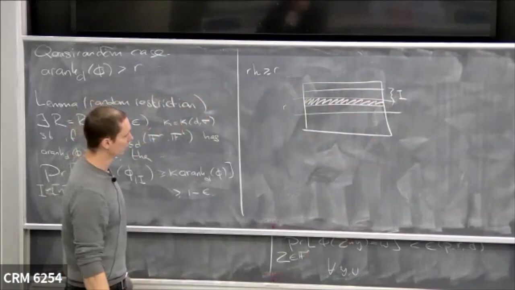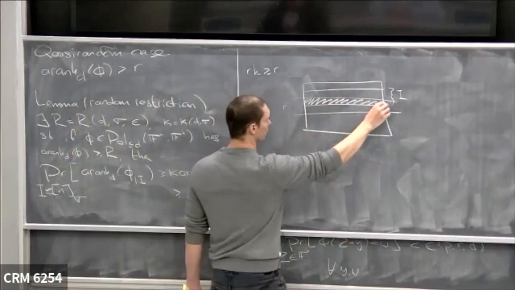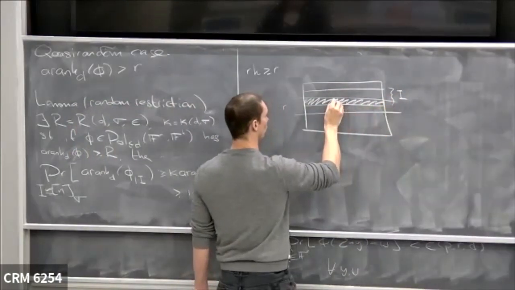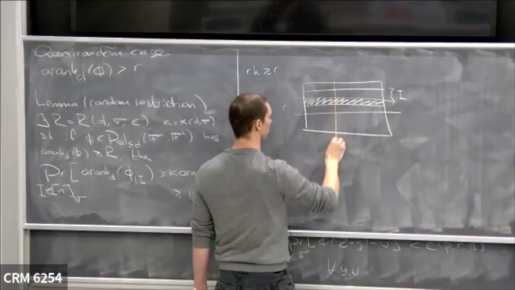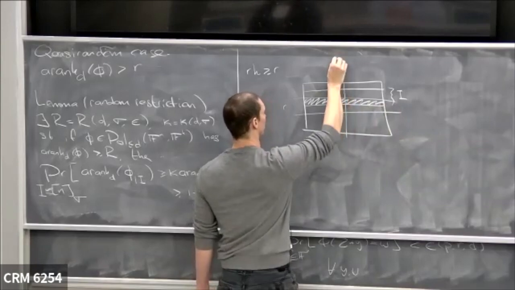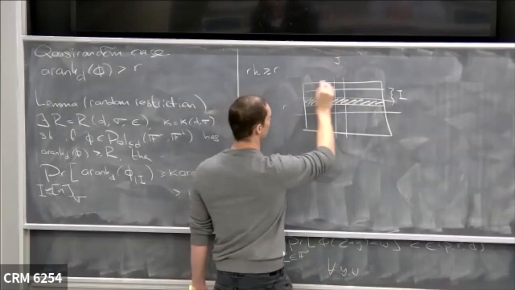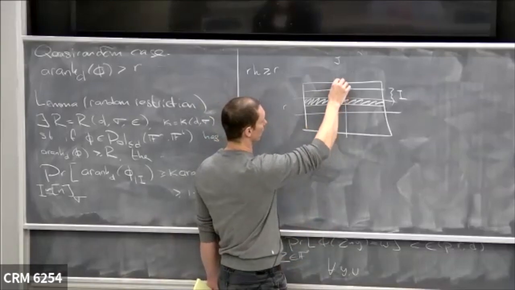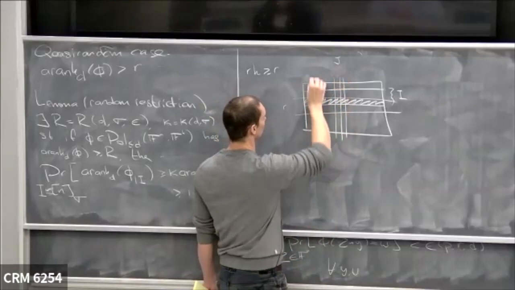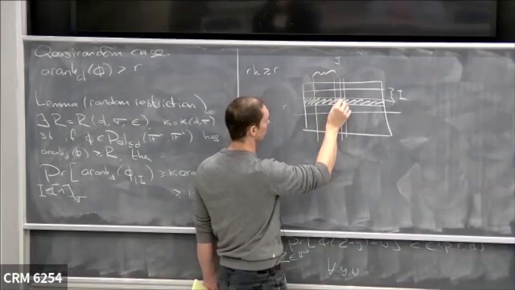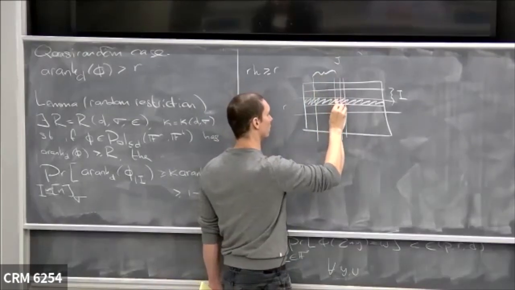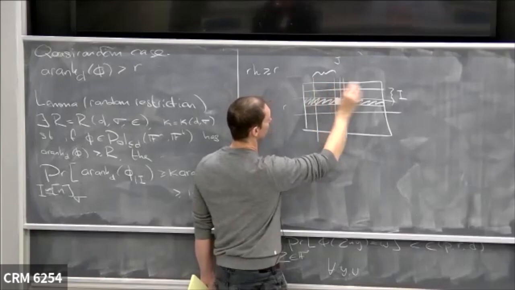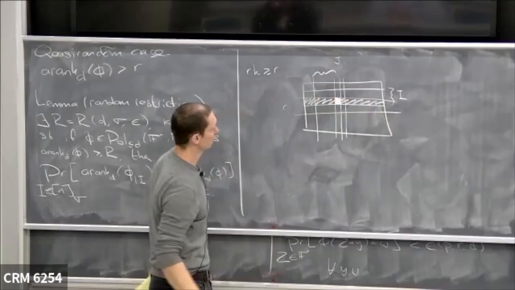Okay, you can play this game again now. So this subset of rows that's included in the set I that you sampled will have a set of linearly independent columns here. So now if you pick an independent random set J from the set of columns of your matrix, with good probability by the Chernoff bound, you're going to capture a good fraction of those linearly independent columns that are captured in I. And so in the end, you're going to sample a random I by J submatrix with large rank.